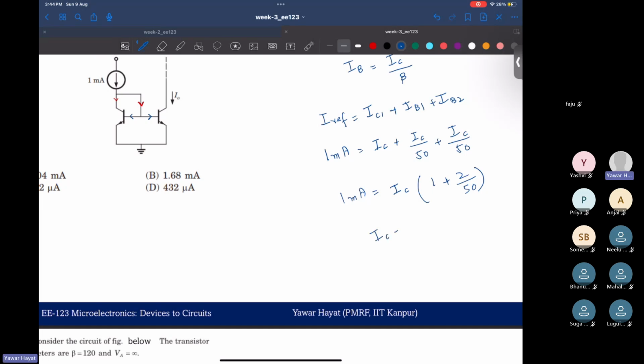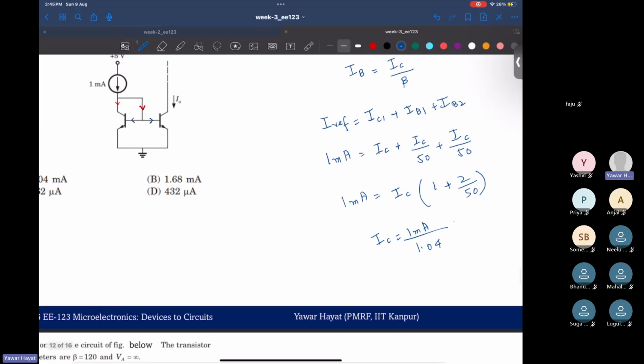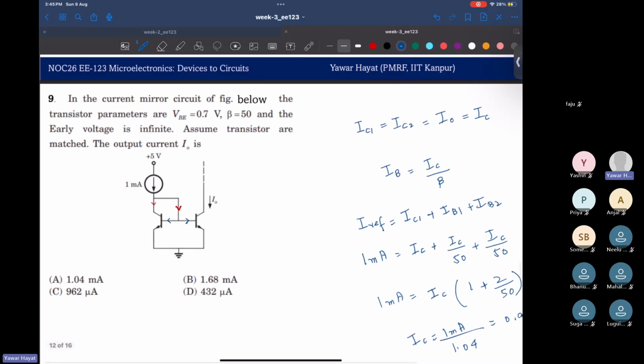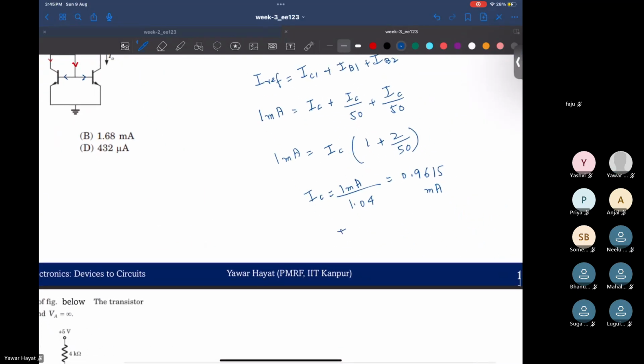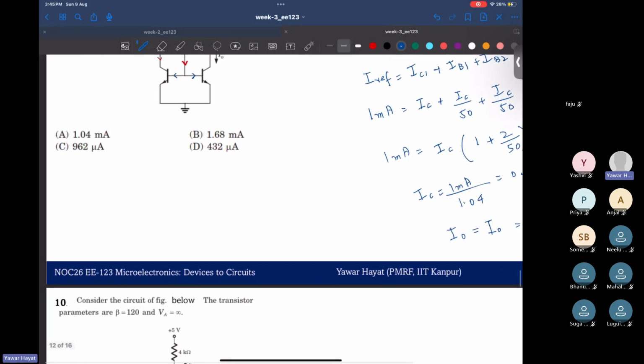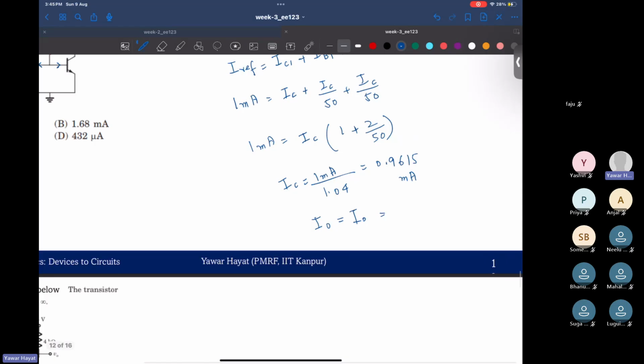That IC would be equal to 1 milliamp divided by 1.04, which is how much? 0.9615 milliamp, and that is in fact your I naught. I naught is equal to IC, and the closest option is 962 microamps.